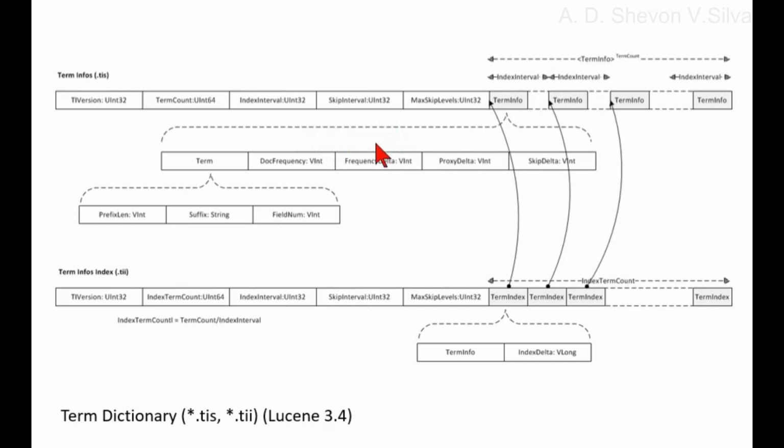Term infos .tis, the term infos file, contains all terms in a segment ordered by field name, then the value within the field.